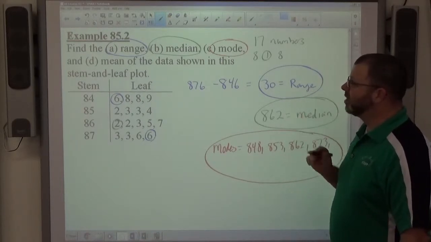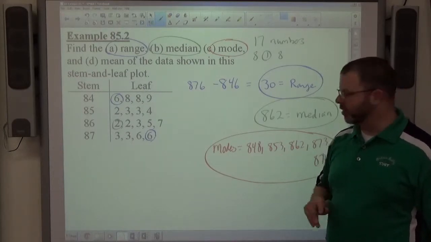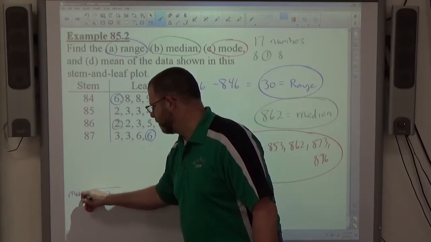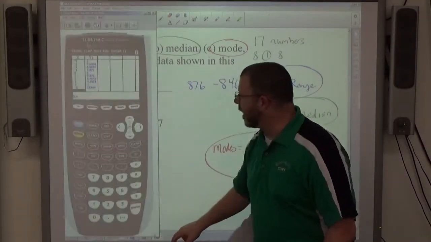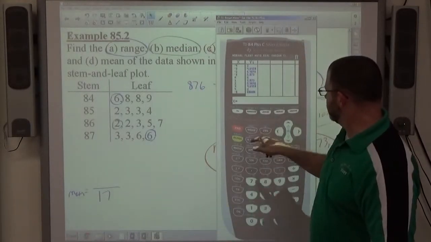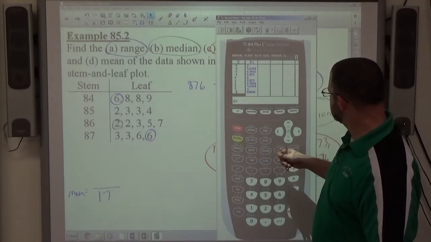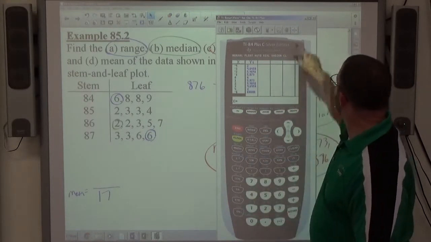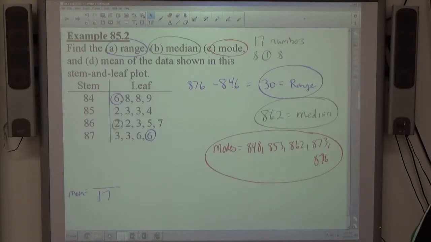Finally, as far as mean's concerned, all you can do to find the mean is add them all up and divide by how many there are. So we have to divide by 17. To get the top number, I have to add all those numbers up. You have to actually type in the numbers that you see.